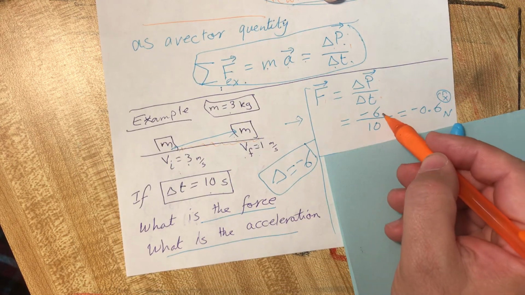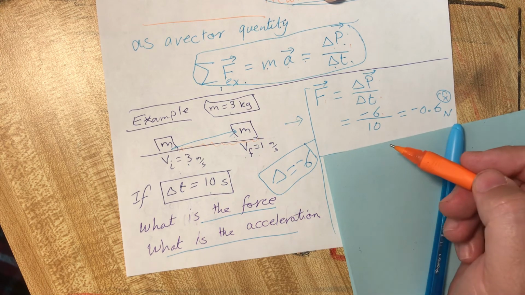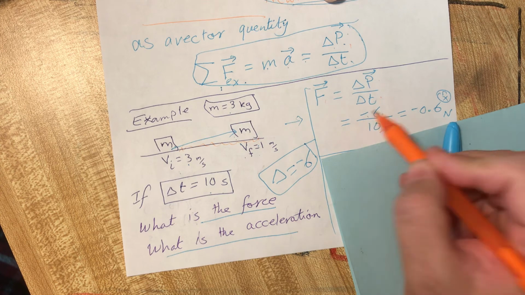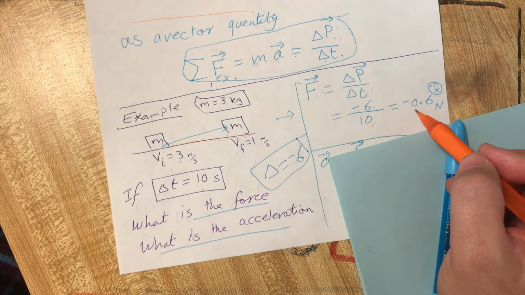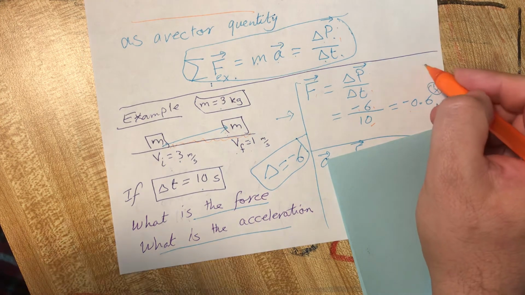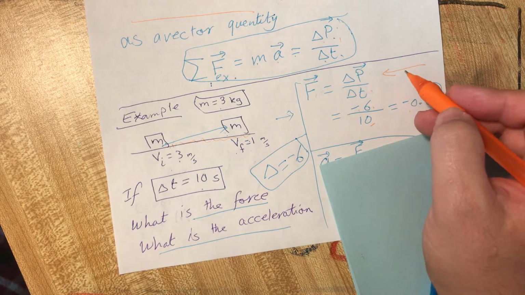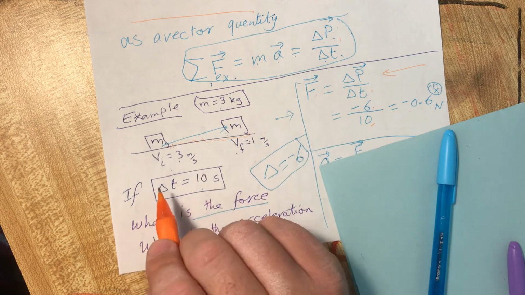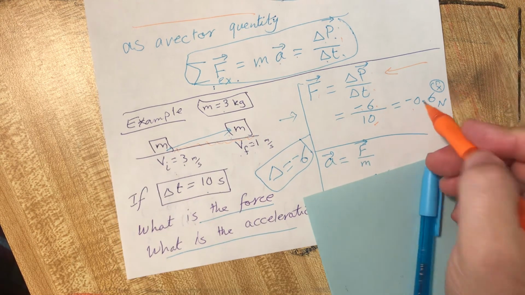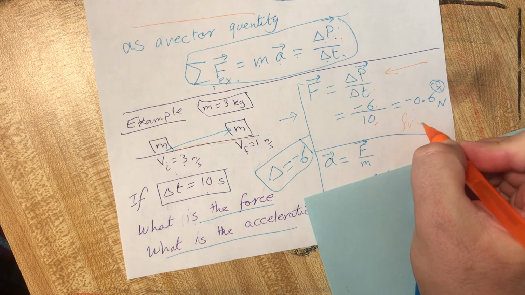Delta p is minus 6, as we computed before. Delta t is 10. Then we have a negative sign. The force will be minus 0.6 newtons in the x direction. This is an opposite sign to the motion of this body. What is this negative force? It is a friction force.